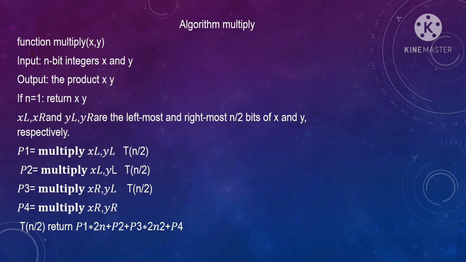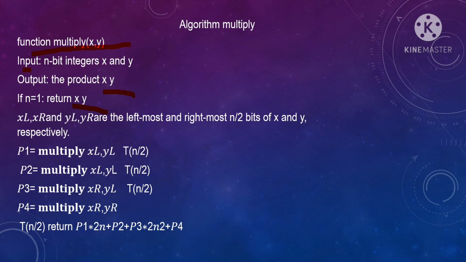Function multiply(x, y). Input: n-bit integers x and y. Output: the product of x and y. If n is 1, return x times y. XL, XR and YL, YR are the leftmost and rightmost n over 2 bits of x and y.